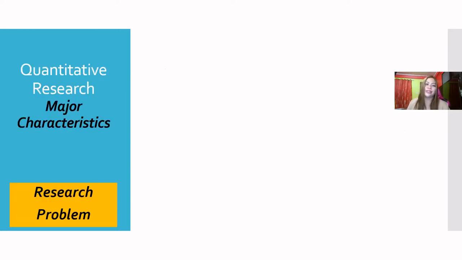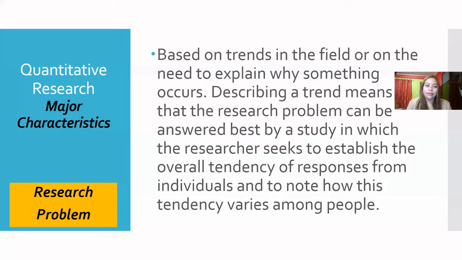Now let us check on the major characteristics of quantitative research. In terms of the research problem, the research problem under quantitative research is based on trends in the field or on the need to explain why something occurs. Describing a trend means that the research problem can be answered best by a study in which the researcher seeks to establish the overall tendency of responses from individuals and to note how this tendency varies among people.